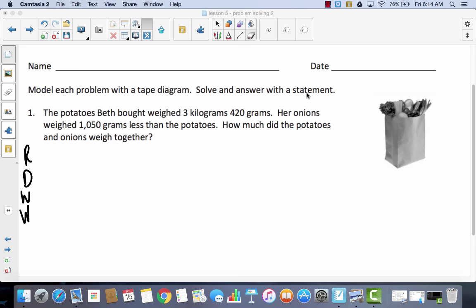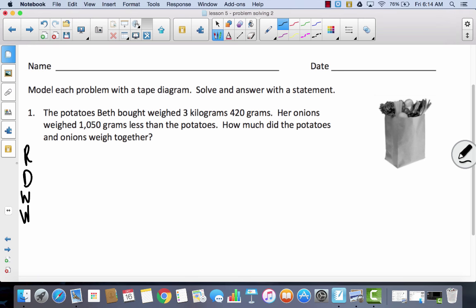Okay, so when I'm reading through this problem, I'm hearing some comparison words. Like I heard it say that the onions weighed 1,050 grams less than the potatoes. So whenever I draw my tape diagram, I'm going to draw two separate tape diagrams. I'm going to start with a P for the potatoes, and then I'm going to have an O for onions. Now it tells me exactly how much the potatoes weigh. It says 3 kilograms, so I'm going to go ahead and label this 3 kilograms and 420 grams.